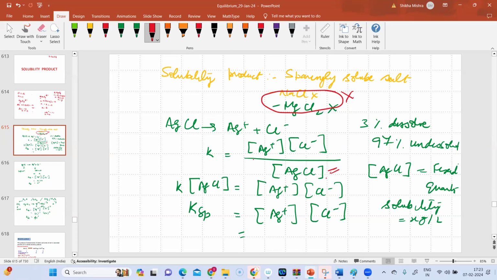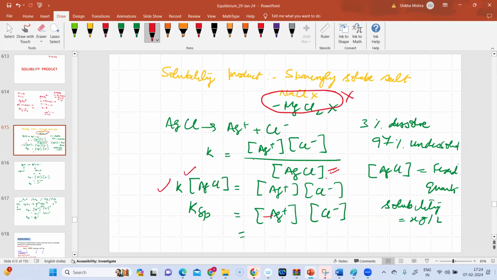So it reacts with this specified or fixed amount of silver chloride. Again, like we have done in the last class about the derivation of Ka and Kb, the value of K is a constant, whereas the value of AgCl is also a constant, right?